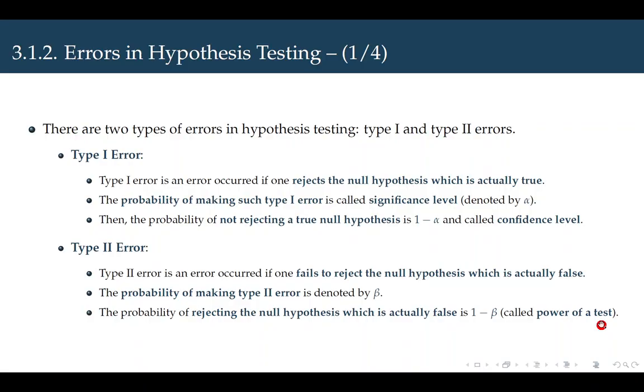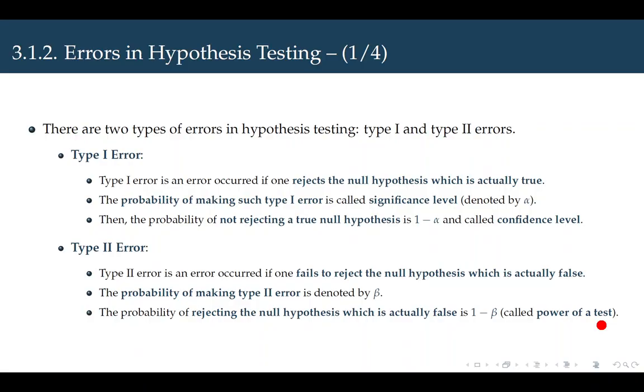So the null hypothesis may be false. If that is not rejected, we are committing type 2 error. On the other hand, if the null hypothesis is false and we reject it, we are not committing an error.